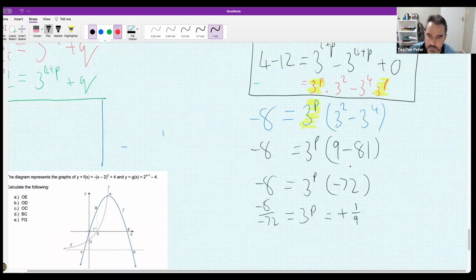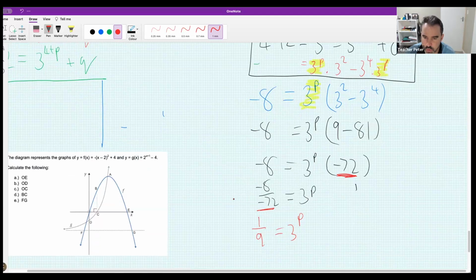So I'm going to slow down for a second. This minus 72 comes across. And the 3 to the p is still here. And I'll even draw another line: we've got 1 over 9 equals 3 to the p. What do you think I'm going to do to try and solve for p next?